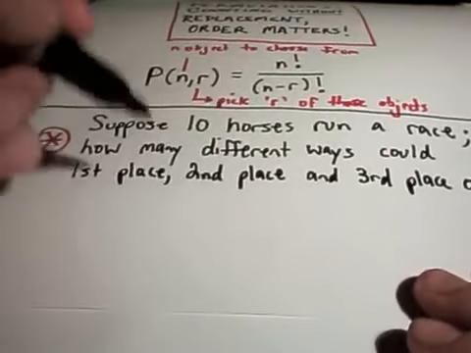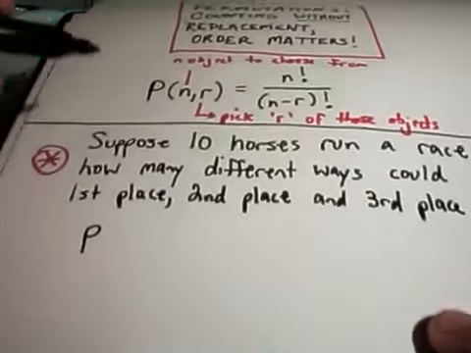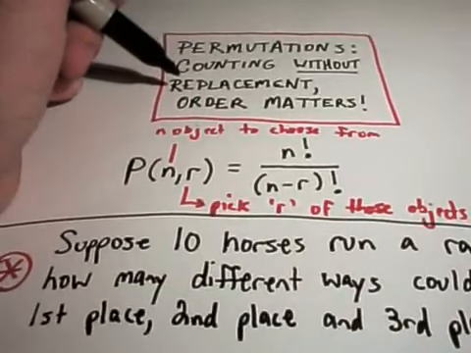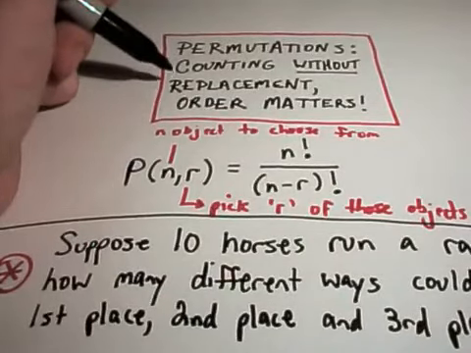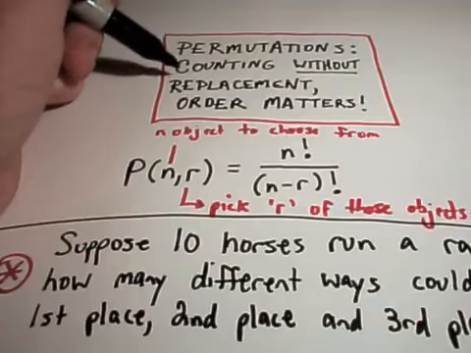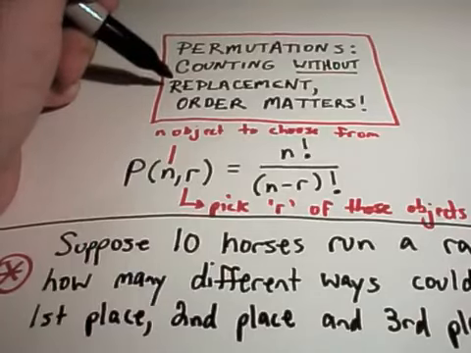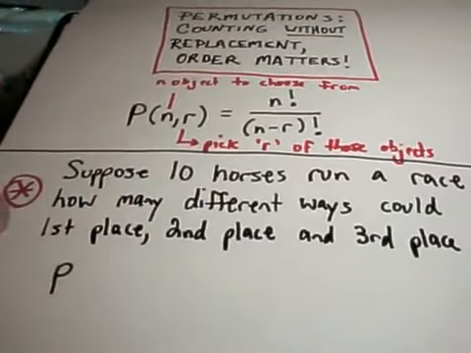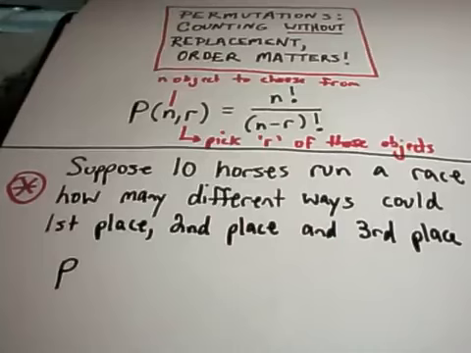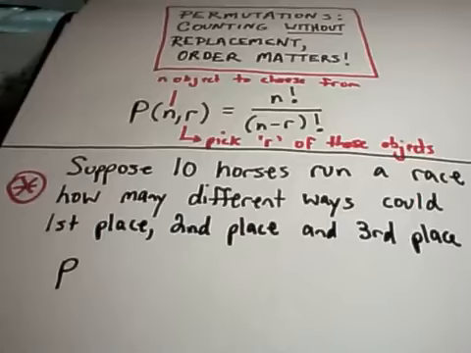Okay, so this is going to tie into probability pretty soon. Well, in this case, it's a permutation because I'm counting without replacement. If a horse comes in first, it can't come in second or third. Once it finishes, it's done, so I can only count an object one time. And certainly here the order matters because if horse A comes in first, B comes in second, C comes in third, that's going to be a different outcome than if horse B comes in first, horse C comes in second, and horse A comes in third.